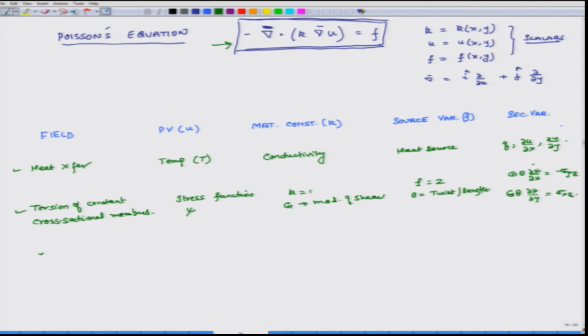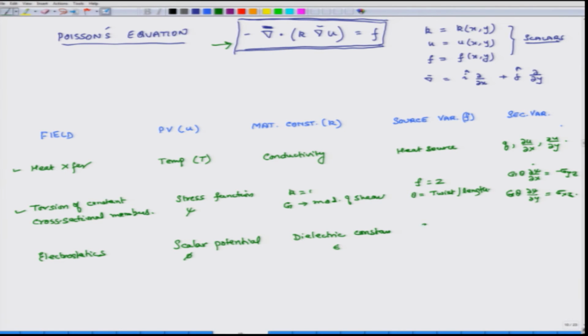We will look at maybe one or two more: electrostatics. So, here in electrostatics, a two-dimensional problem, this u represents scalar potential, designated as phi. Material constant is dielectric constant, epsilon.